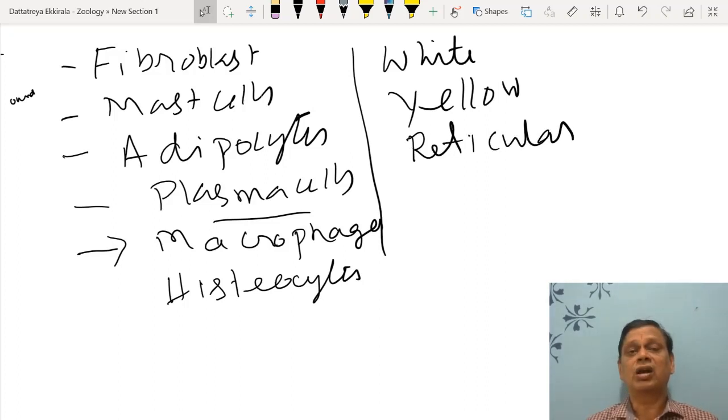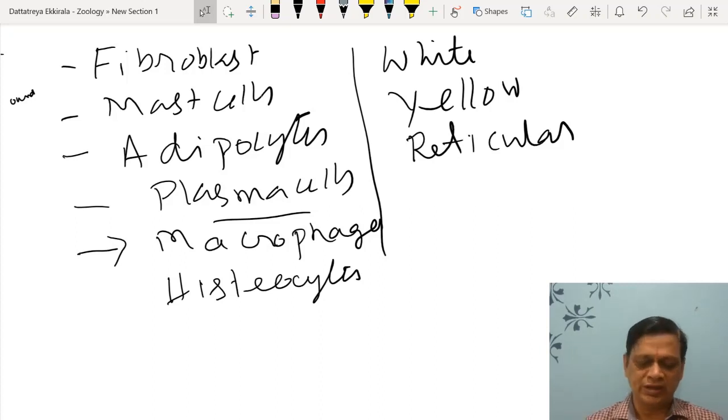So where organs are connected with other things, when skin is connected with underlying tissue, you can find areolar tissue. Then various organs are connected. One of the most abundantly present connective tissue proper is areolar tissue.